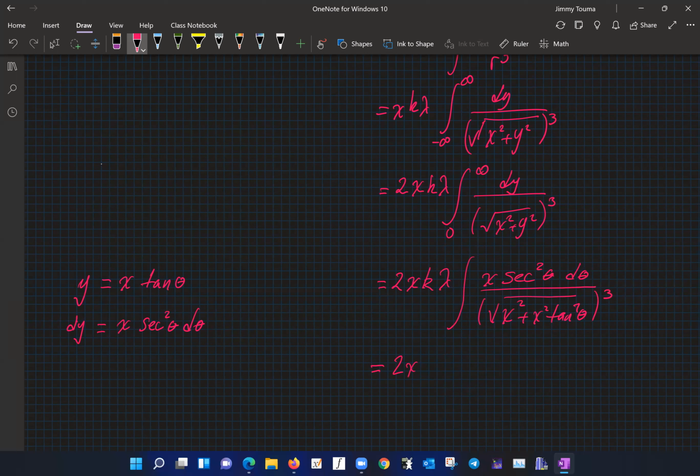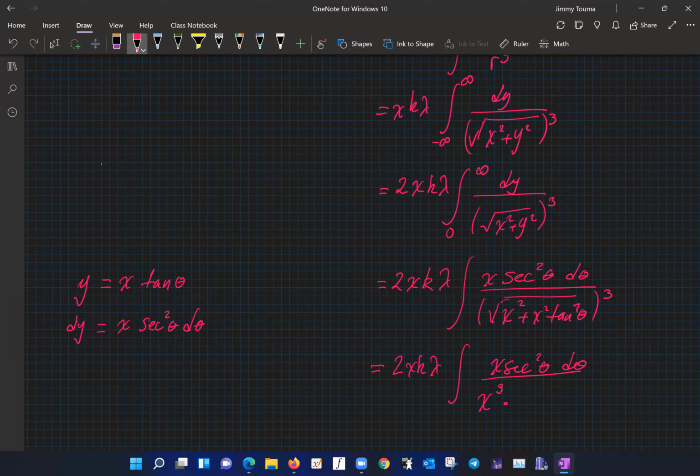So here 2x k lambda integral x secant squared theta d theta, denominator I factor out an x squared, and then I take the square root of it, it becomes an x, then I cube it, becomes an x cubed, right? X squared comes out as an x of the square root, and it gets cubed, times. Now I have the square root of 1 plus tangent squared.